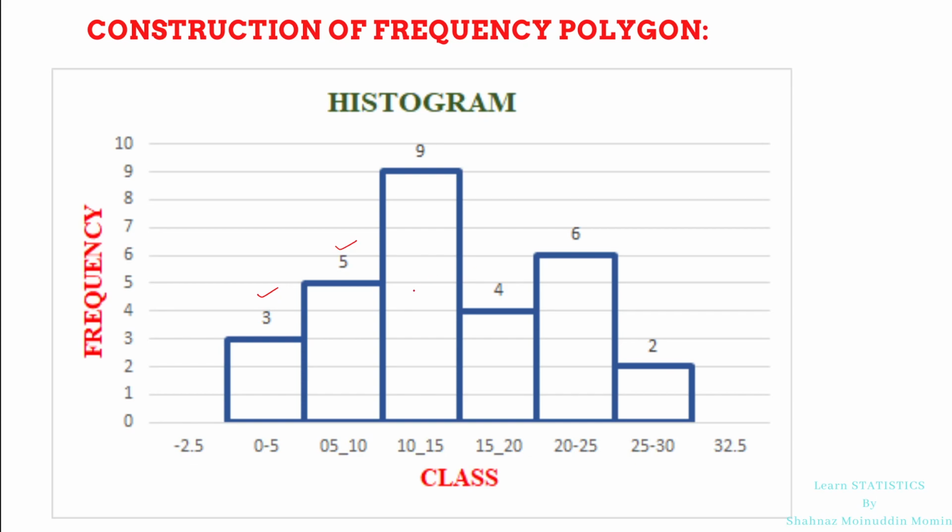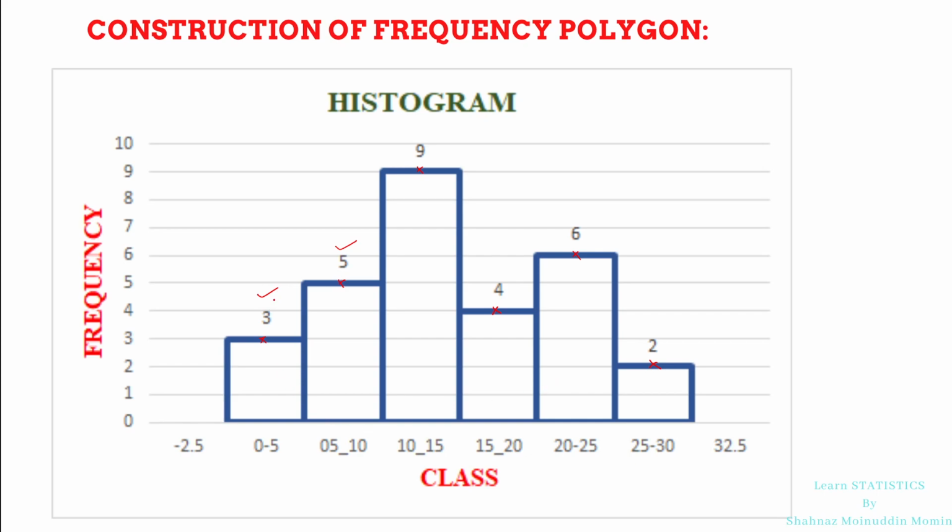Now the next step is to mark the midpoints of the tops of the rectangles. This is rectangle number 1. Mark its midpoint. This is the midpoint of the rectangle. This one is the second midpoint. Like that, mark all midpoints. After that, join these midpoints with the help of a straight line.